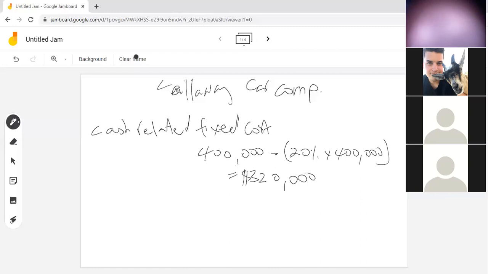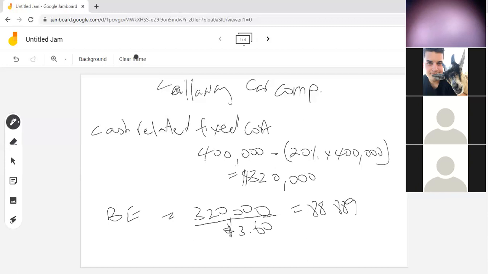So break even would therefore equal 320,000, and of course, I've already given you the contribution margin, which is 3.60, and that would give us 88,889 units.